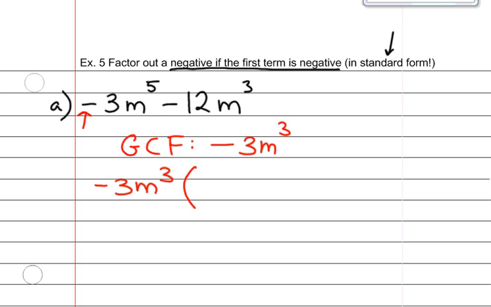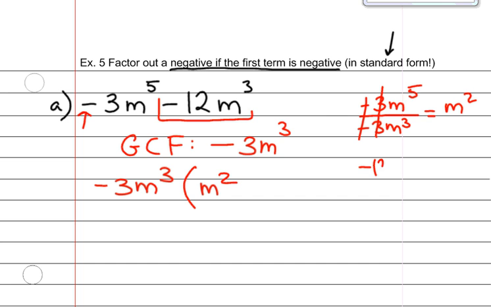And so when you take that out, you divide and see what you have left. Off to the side, my first term was negative 3m to the fifth divided by negative 3m cubed. That would be just m squared, because the negatives cancel, the 3's cancel. So m squared sits here. And then my second term, don't forget, it takes the negative in front of it.